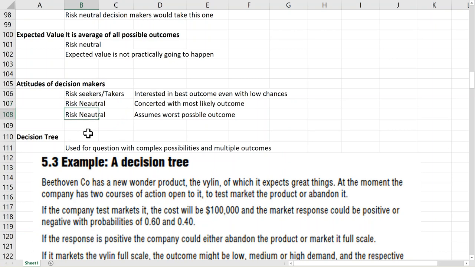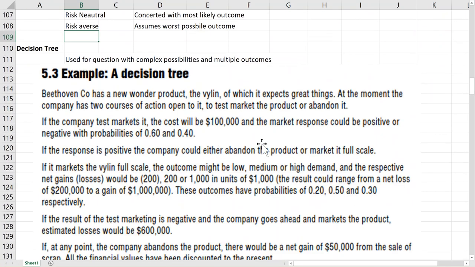This is risk neutral, and this is risk averse. Risk neutral people are concerned with the most likely outcome, which is the average, and risk averse people believe that the worst possible outcome will happen. Okay?